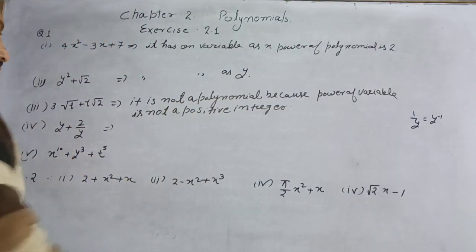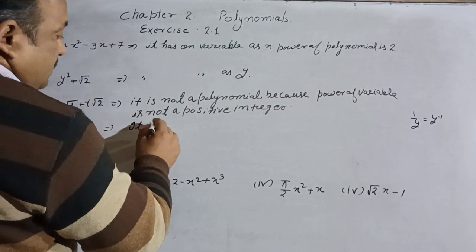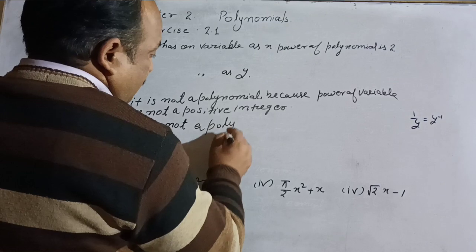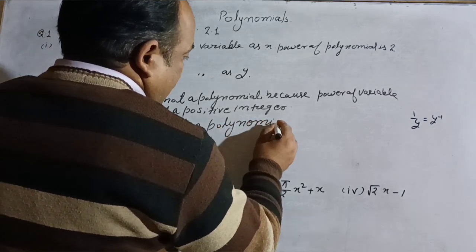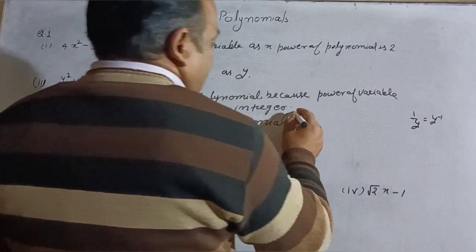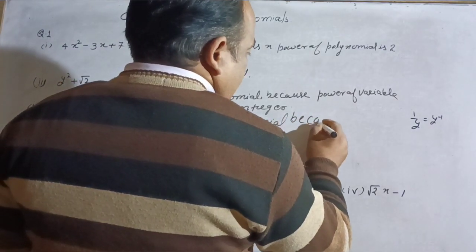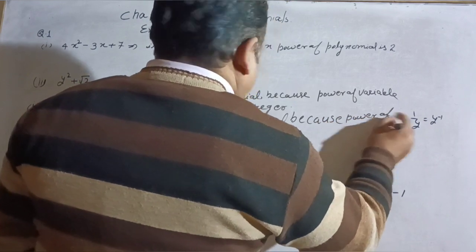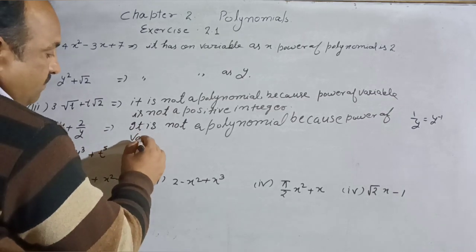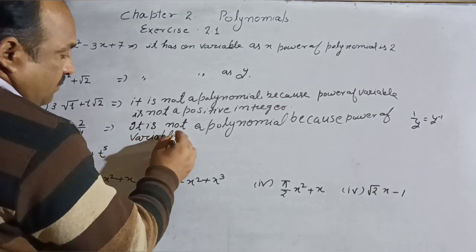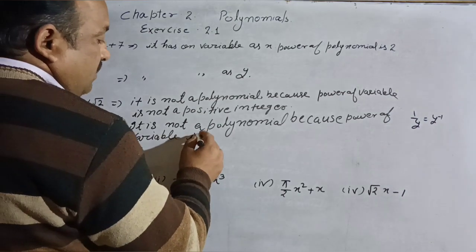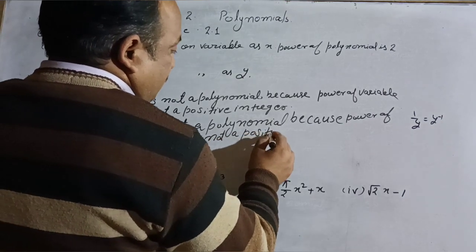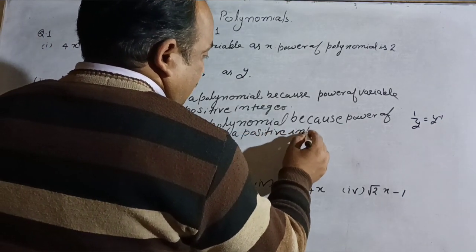Therefore, it is not a polynomial because the power of the variable is not a positive integer.